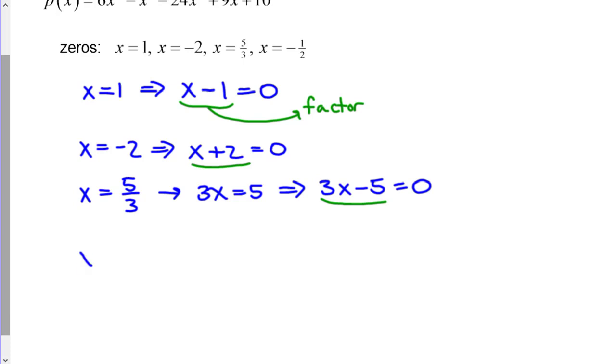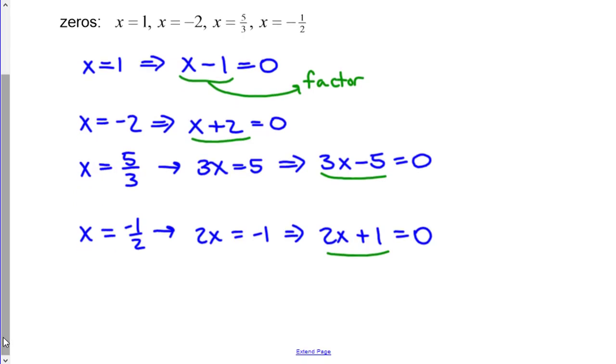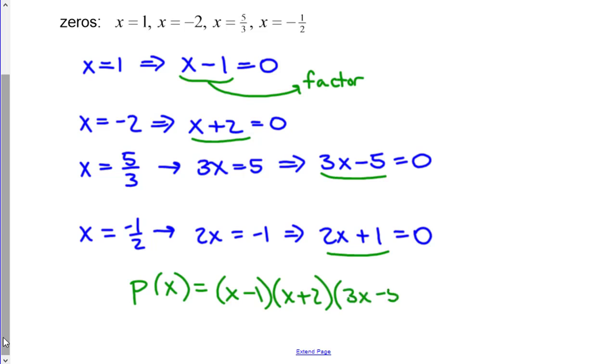Likewise, if x is negative 1/2, multiply both sides by 2. So 2x equals negative 1. Bring the 1 over. So 2x plus 1 equals 0. So there's my factor. So the factored form of this polynomial is x minus 1 times x plus 2 times 3x minus 5 times 2x plus 1.